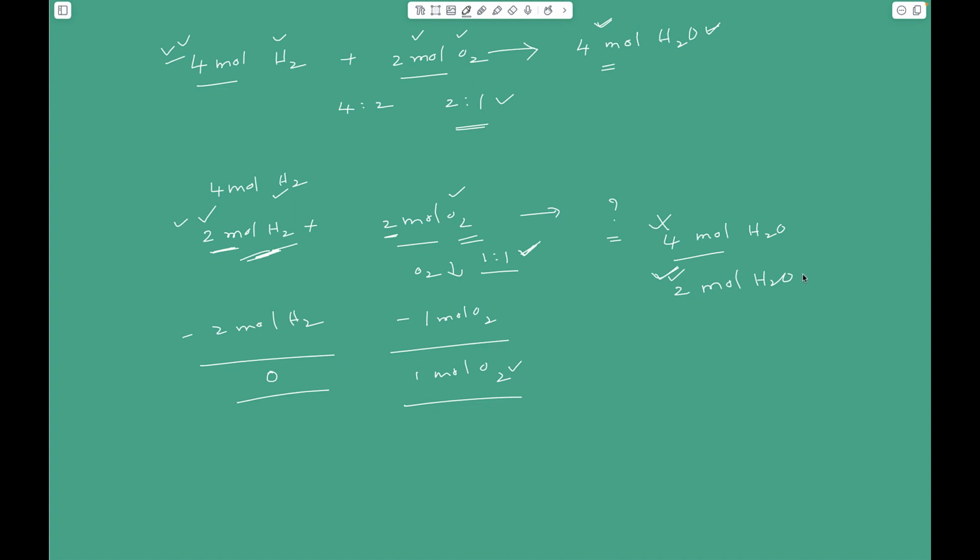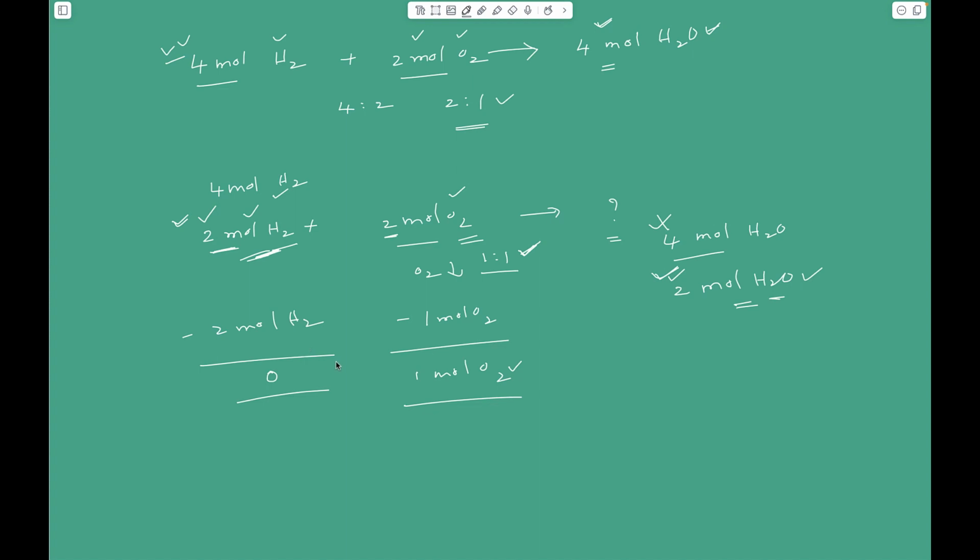Therefore, because you have sufficient oxygen to completely combine with the amount of hydrogen that you took, the amount of water estimated or calculated using the amount of hydrogen is correct. And it is the amount of hydrogen that is determining the amount of water formed in this case, because that is present in lesser amount.